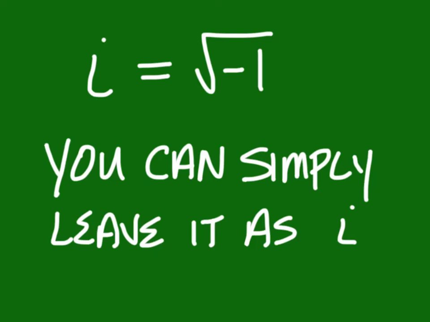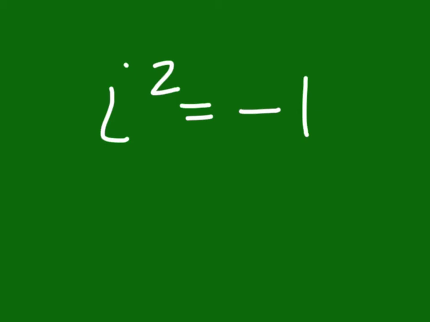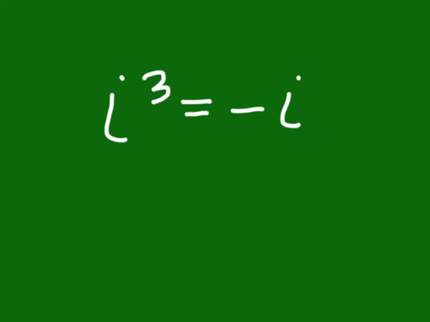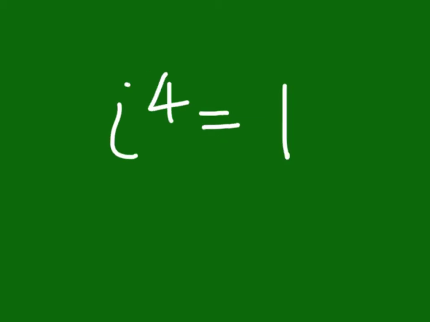You can just leave it as I. We're never going to write the square root of negative 1. I squared is negative 1. I to the third is negative I. I to the fourth is 1. With those items, you can do any simplification of anything like I to the 20th, I to the 15th. As long as you know those basic things, you can break anything up.